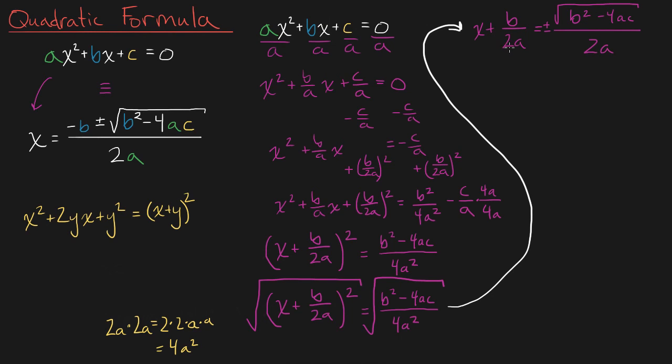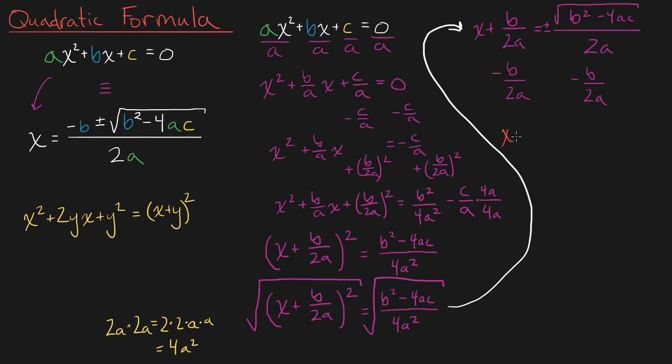And so now we're almost done here. All we need to do is move this term on the left-hand side, b over 2a, over to the right-hand side. And of course, the way we do that is by subtracting that term from both sides. So if we subtract b over 2a from both sides of the equation, then we will be done. And in fact, I will write it in red because this is the final form of this equation.